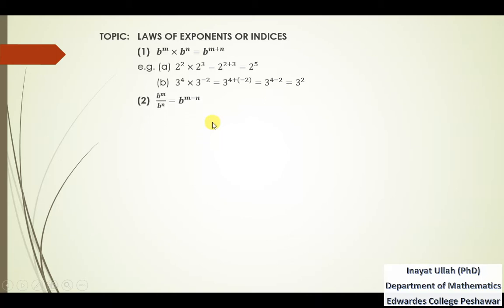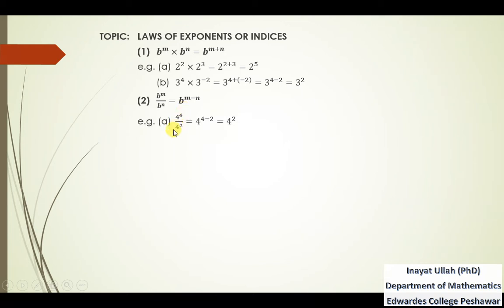The second law is whenever two exponential forms are divided with the same base, with different powers, that will become b power m minus n. What does it mean? It means subtract the lower power from the upper power, b power m minus n.